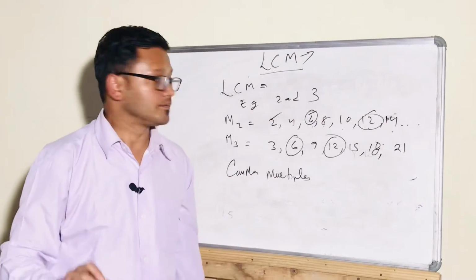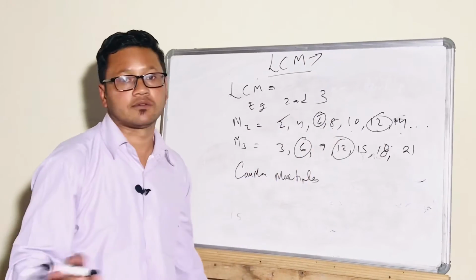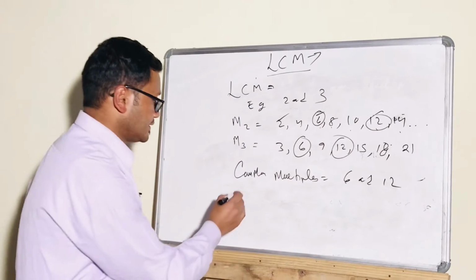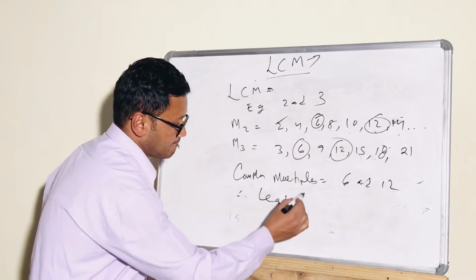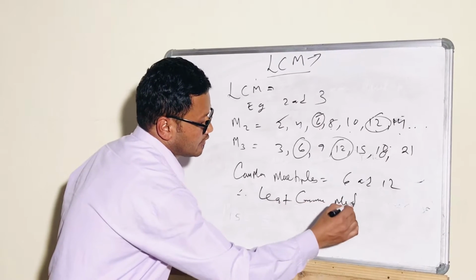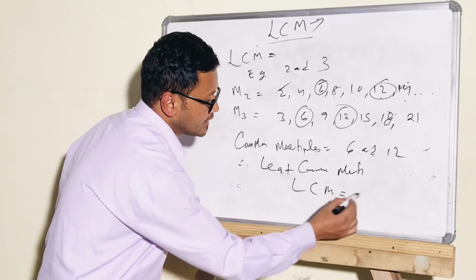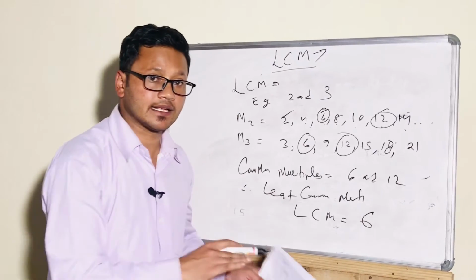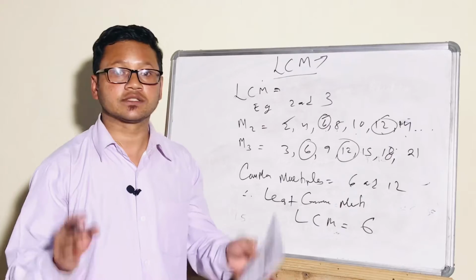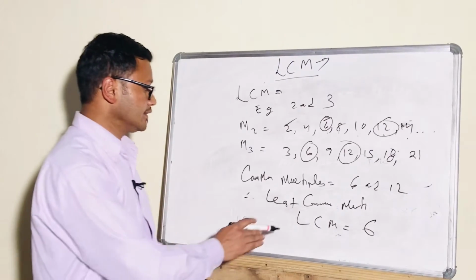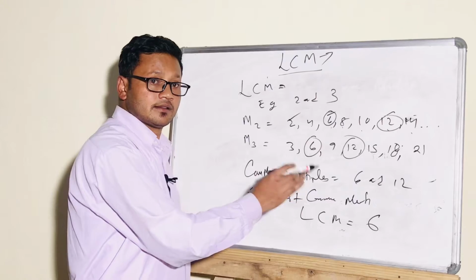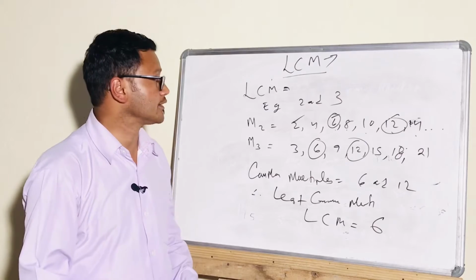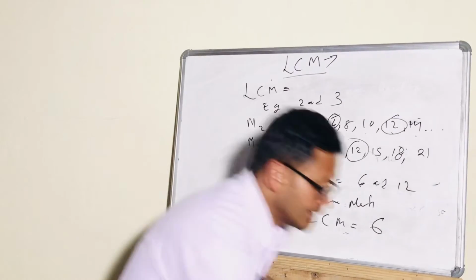There may be many common multiples, but we'll take 6 and 12 only. Therefore the least common multiple, or LCM, is 6. We cannot take 12 because 12 is bigger than 6. We take 6, which is the lowest, smallest, or least. The first common multiple is considered as the LCM.